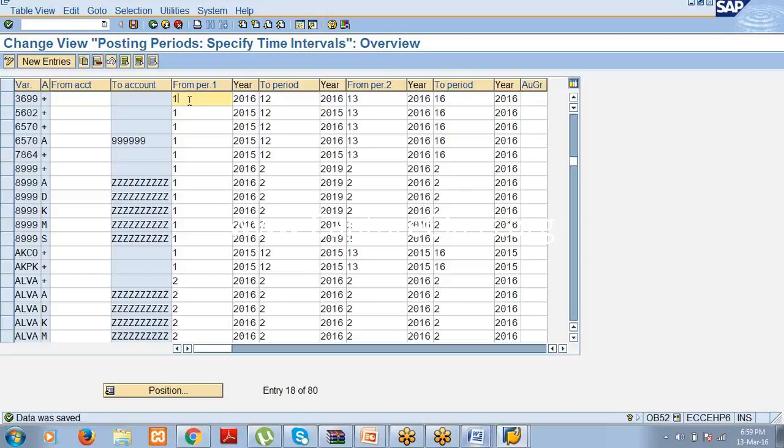If you are doing the practice with Indian company code and UK company code, in the UK also the fiscal year is April to March, right? In that case, from period 1, year 2015, because still in India and UK the fiscal year is 2015. So from period 1, year 2015 to period 12, year 2015. And special periods from 13 to 16, year 2015 only.